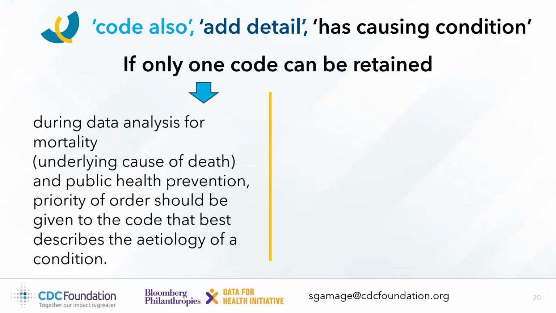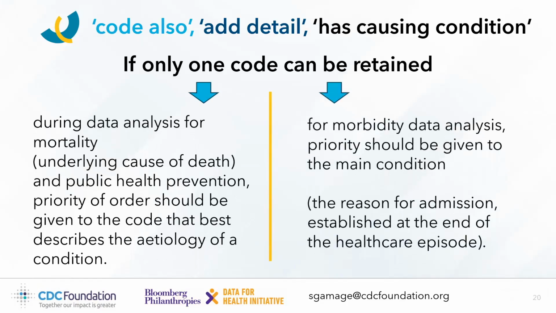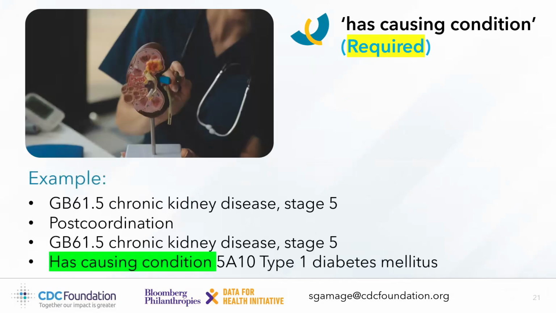That means the underlying cause of death. For morbidity data analysis, priority should be given to the main condition, the reason for admission established at the end of the healthcare episode. The convention has causing condition is required.